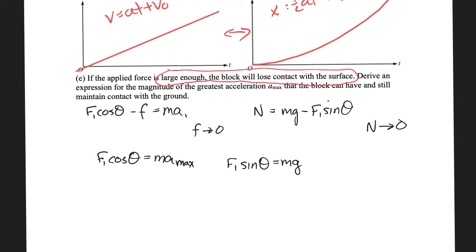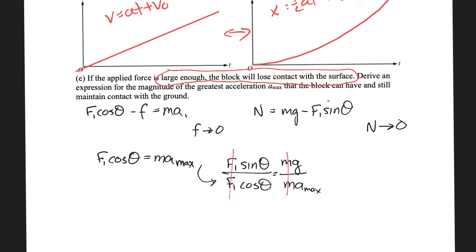When I see those, I'm trying to encourage you to put them together and then divide them, because when you do that, you're bound to get rid of something. And in this case, we get rid of the F1s and the M's, making this not about the applied force and the mass, but something that will tell us what the acceleration is.